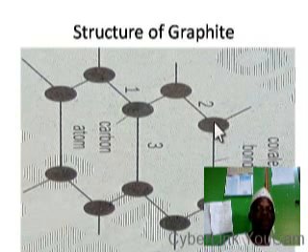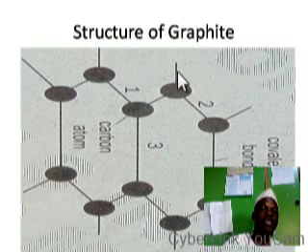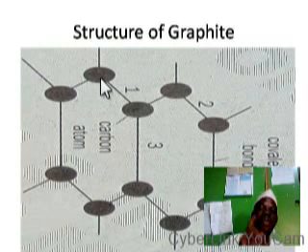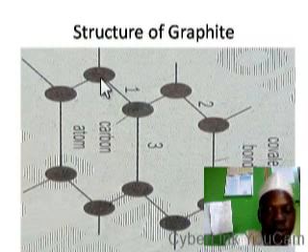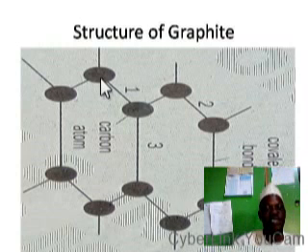This is a carbon atom bonded to 3 other carbon atoms. Another carbon atom bonded to 3 other carbon atoms. Another carbon atom bonded to 3 other carbon atoms. In such a way that for each carbon atom, only 3 of the valence electrons are used in bonding. 1 of the valence electrons is free, and this free electron is available for conduction of electricity.